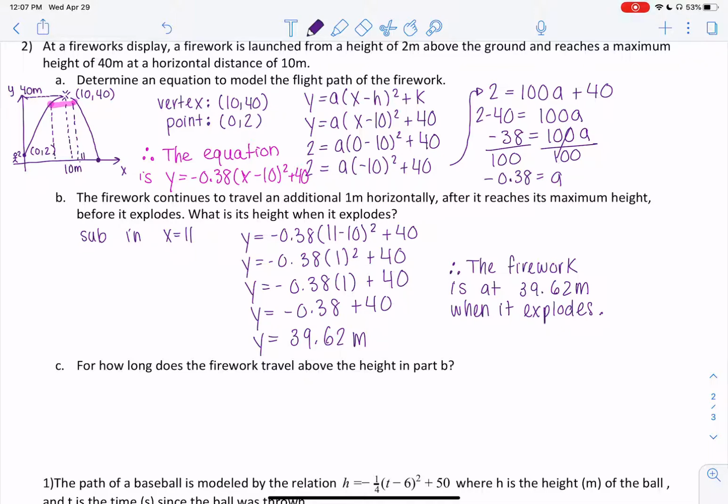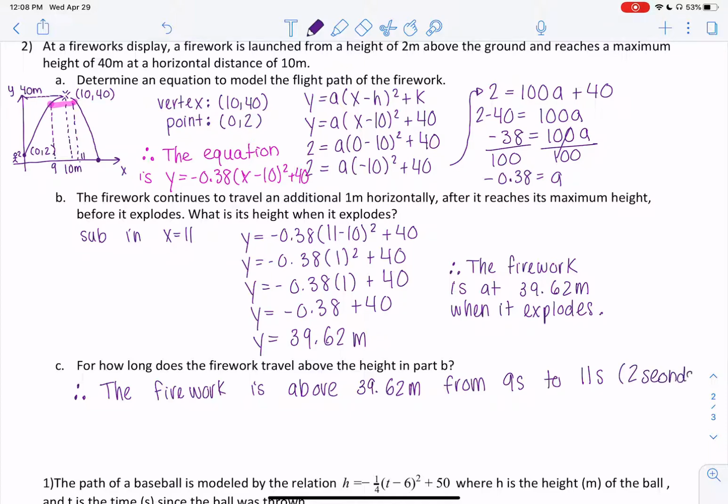We're going to do it using the symmetry. We know it's symmetrical right around 10. So if that's 11, it has to be 9 on the other side, so 10 is in the middle. So for 2 seconds, it's above that.